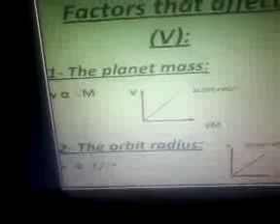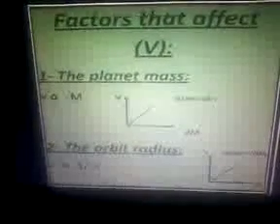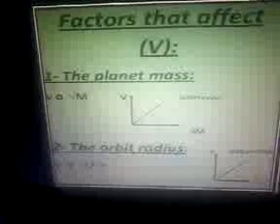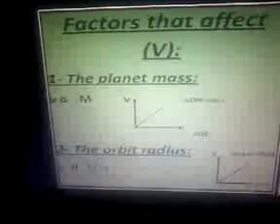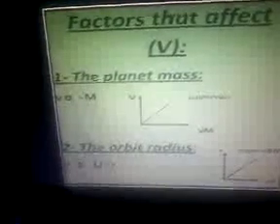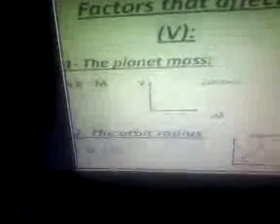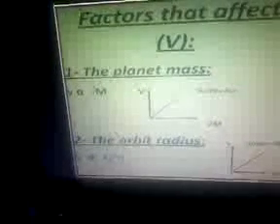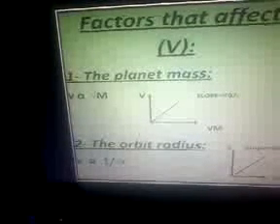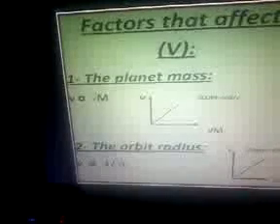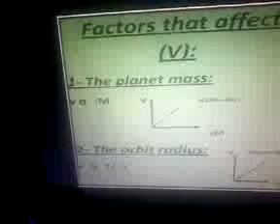And now, let's study the factors that affect the orbital velocity v. The first factor is the planet mass, where the relation between the orbital velocity and root M is directly proportional. If we draw the orbital velocity v on the y-axis and root M on the x-axis, we get a straight line.